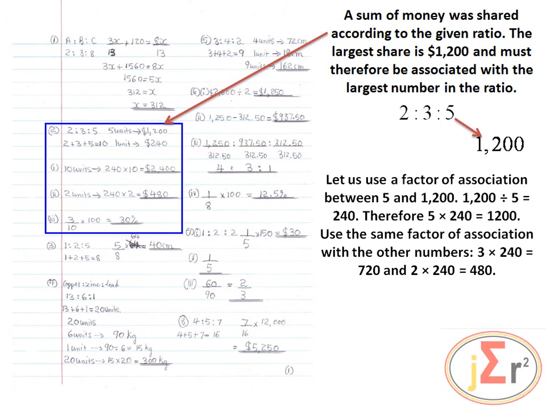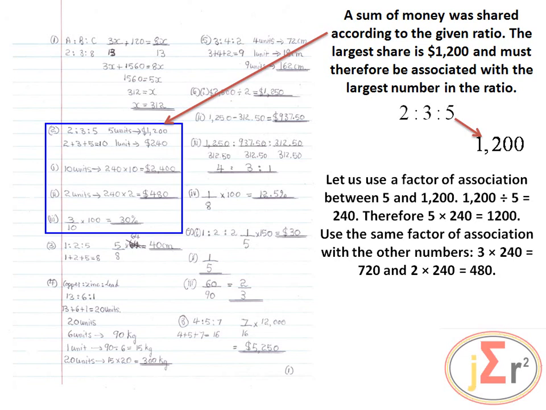So let us use a factor of association between 5 and 1,200. So we need to know how 5 is related to 1,200, in order that we can cause the other numbers in the ratio to be related to their respective amount of money in the same way.